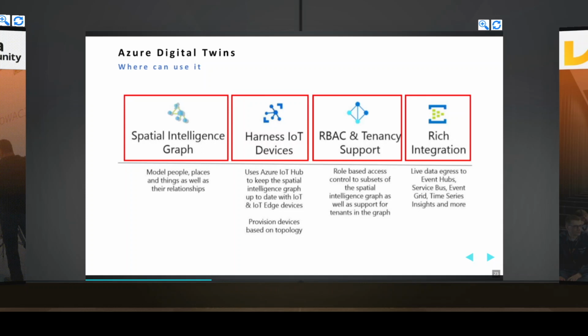You can relate it to almost all areas. And we have a powerful option for modeling. With spatial intelligence graph, we have this powerful approach to actually model our real life systems. We have collection of information from devices. We have role-based access control and multi-tenancy, and we have very rich options for integration, as already mentioned.